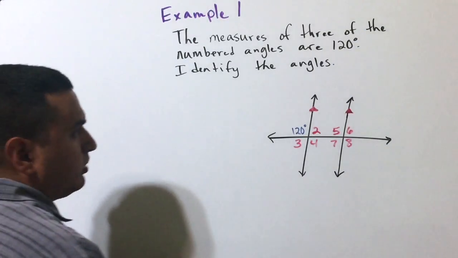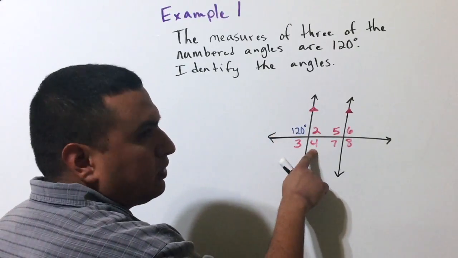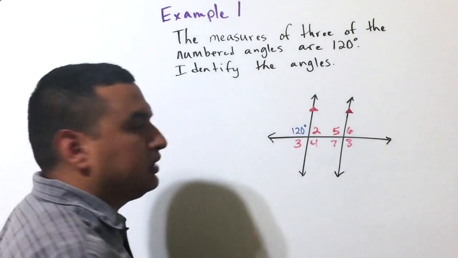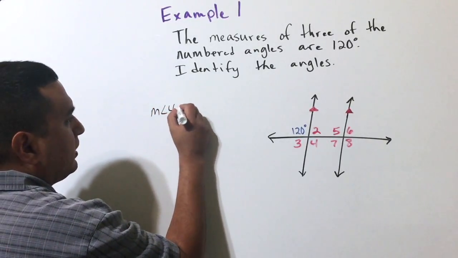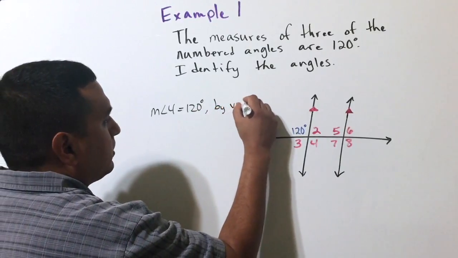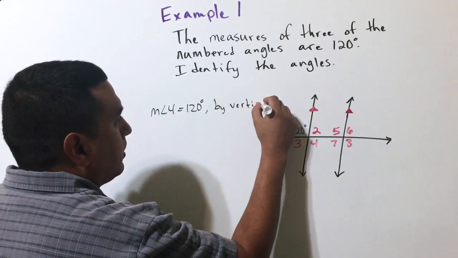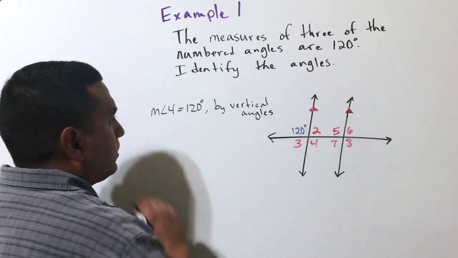To start off, this 120 degree angle and angle 4 are congruent because they're vertical angles. So the measure of angle 4 is equal to 120 degrees by the vertical angles theorem, since vertical angles are congruent.